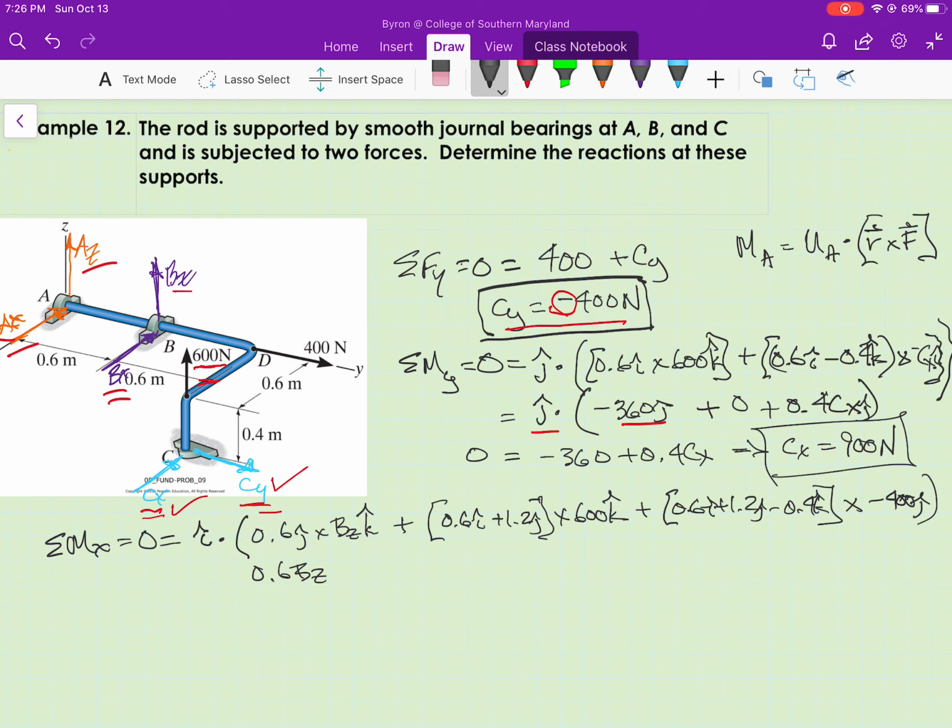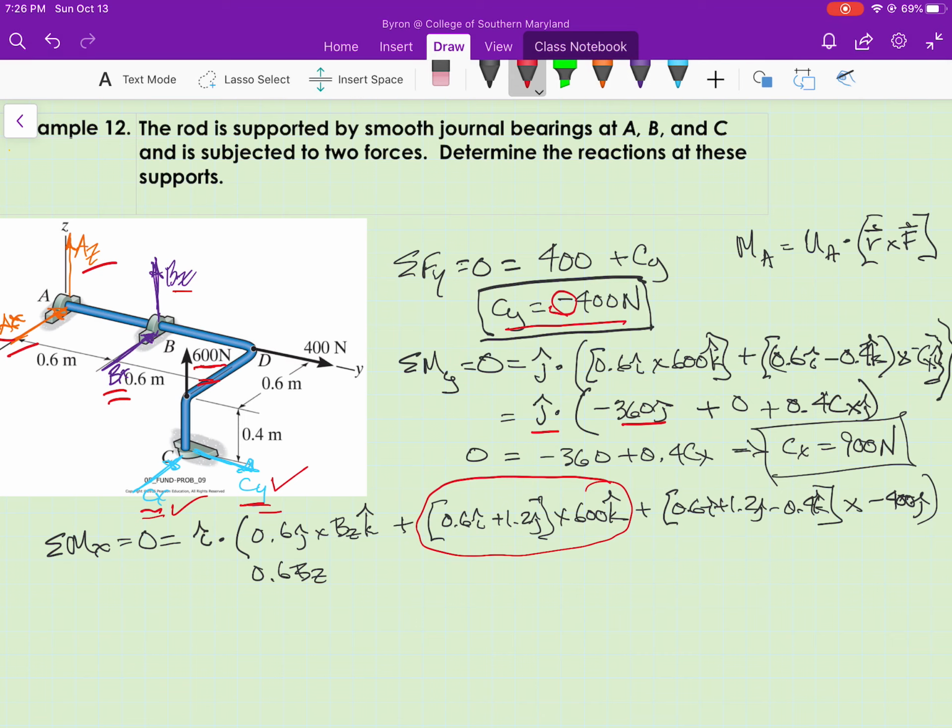The second moment here, since I'm going to dot the result with i, I only have to worry about the results of this cross product that are in i.